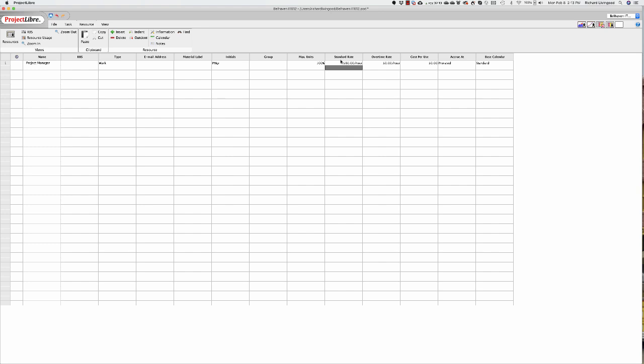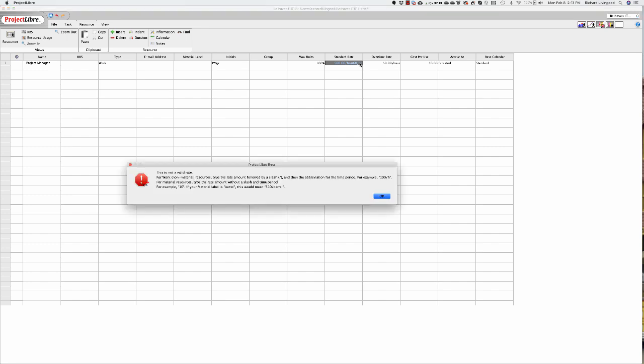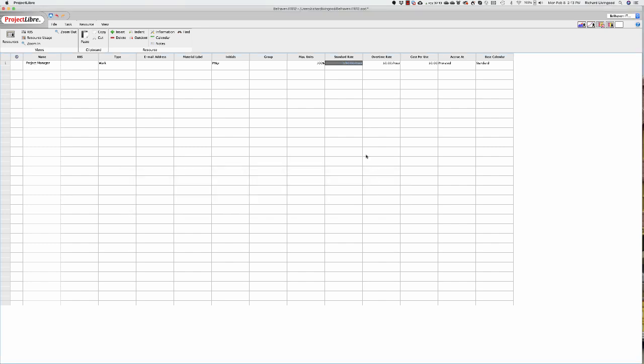Yeah, I could put 60 an hour in here if I wanted to, per hour. All right, whoops, it's not going to like that because I'm doing something that I don't want to do here. Let's eliminate that, make that 60. If I make it 60 an hour, that's fine, but it isn't the actual real cost of using that person. And that might be on the high side, but let's just assume the project manager does make quite a bit.